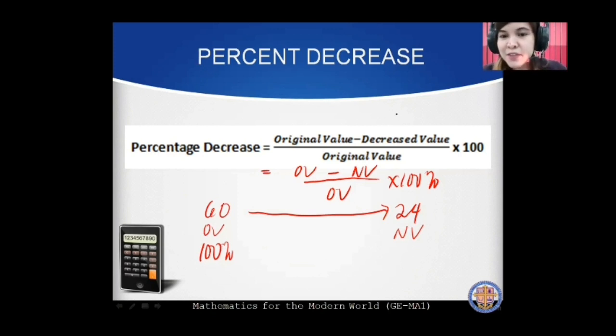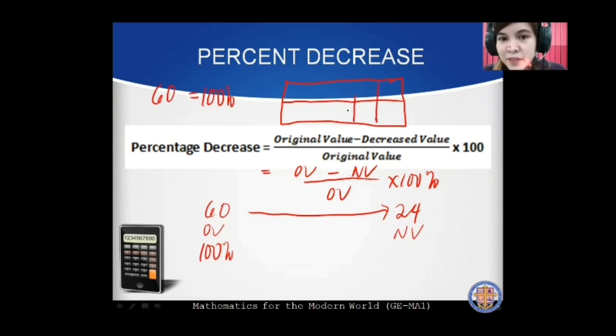Okay? Let's say, for example, magdodrawing ako dito sa taas ng rectangle and I will divide into 5. Alam natin, itong rectangle na to, ang katumbas nito ay 60 pieces of eggs, which is equal to 100%. Then, i-divide ko sa 5. So, 100 divided by 5 is 20%.